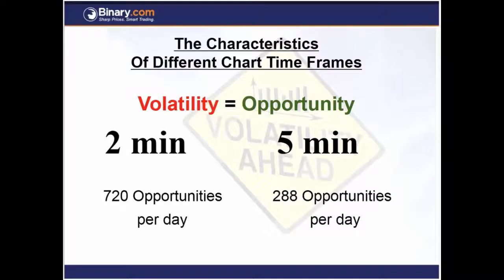But if we take 288 possibilities, and there's a chance that it can go up or a chance that it can go down, quite likely, if we have a good strategy, some of those 288 times we can get it right. And that's what we're out for. We want to know the correct direction, the correct candlestick color, if it's going to be red, if it's going to be blue. And that's what binaries are all about.